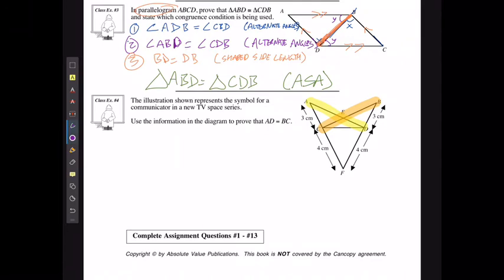So we're going to start with the first statement that we can make. We're going to say that AC is equal to BD, because it says this is 3 centimeters, this is 3 centimeters.